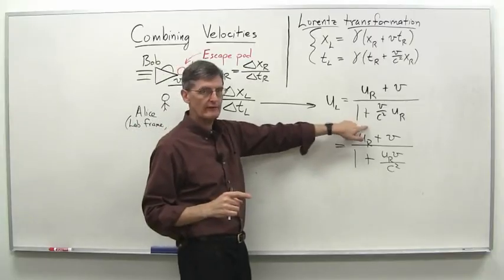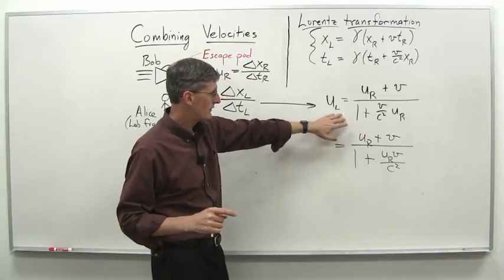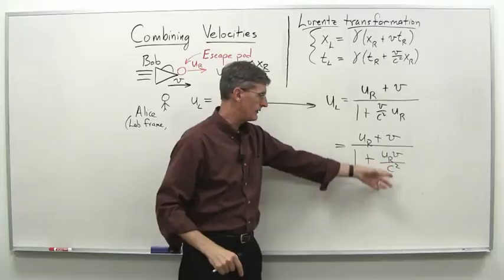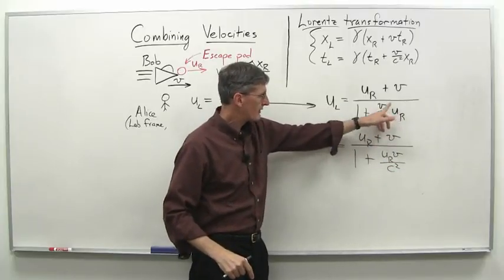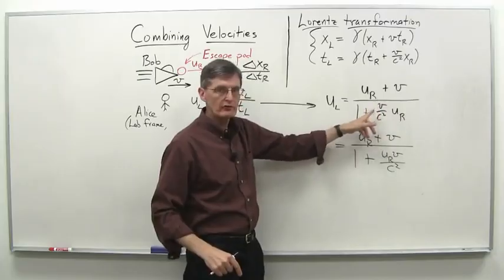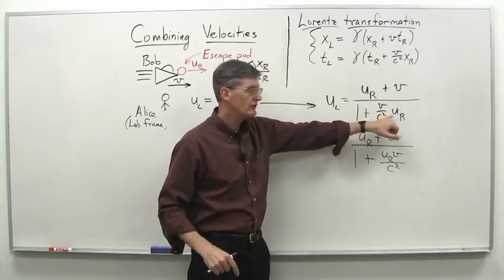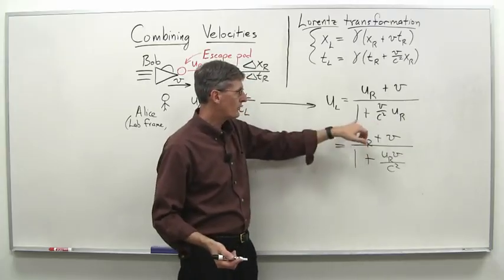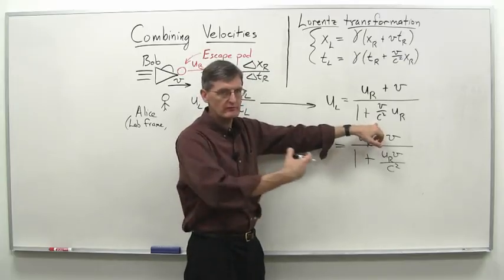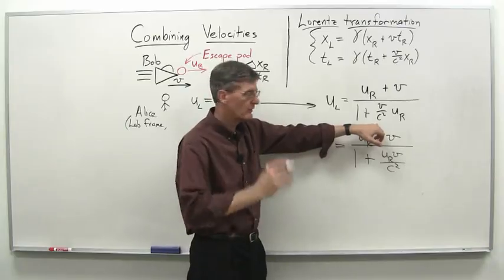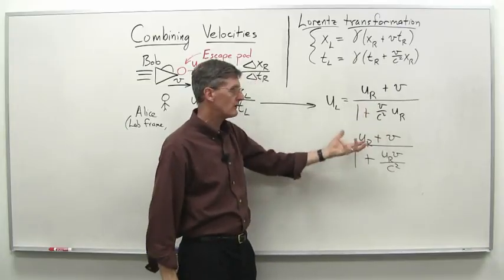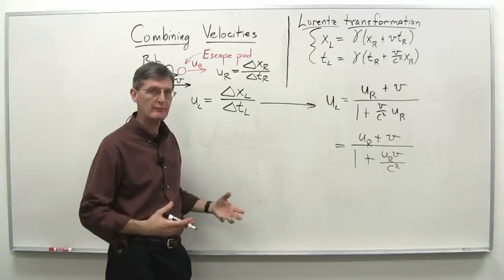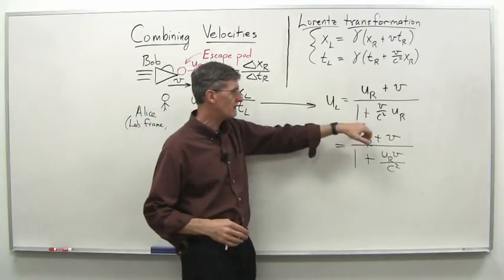Except we've got this denominator factor down here. And note what is down here. We've got a 1 plus v u sub r over c squared factor. Note that this factor here is going to be very small unless both v and u sub r are pretty close to the speed of light. Under normal circumstances, here I've got 1 plus 0.00000, a whole bunch of zeros, 15 or so. And therefore, in real life, even though this relativistic effect really is true, would happen if we could measure that precisely, in real life we don't notice it.